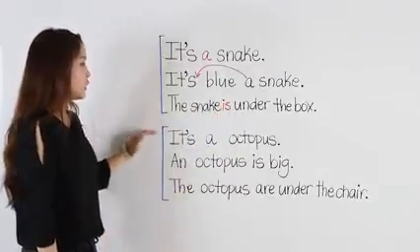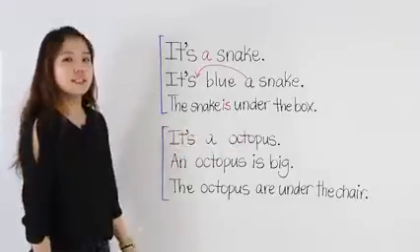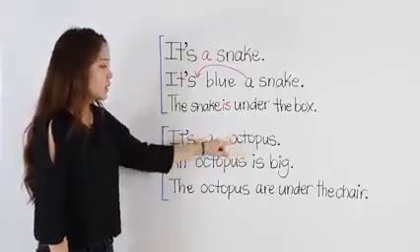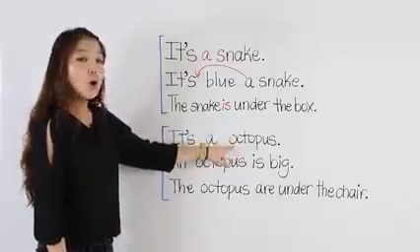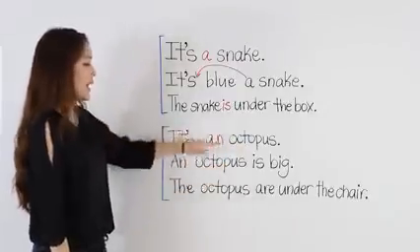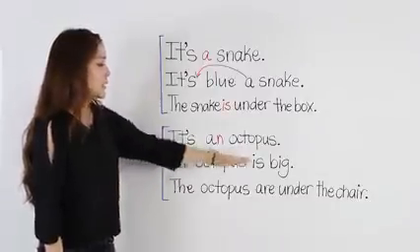Okay, let's move on to the next story. It's a octopus. Okay, we have an article, but octopus starts with the vowel O. So we have to use an. It's an octopus. An octopus is big.